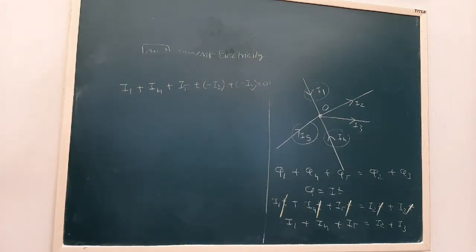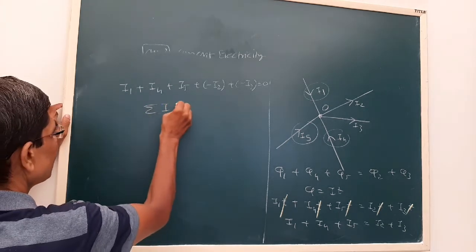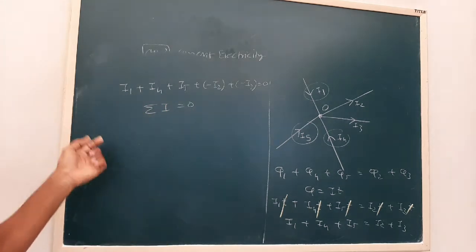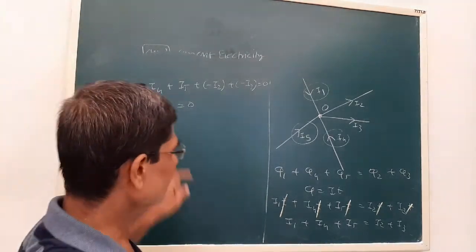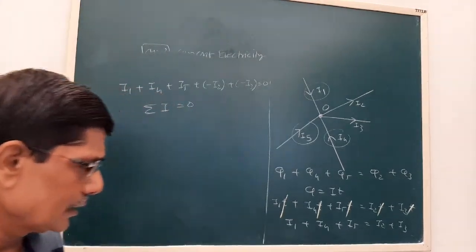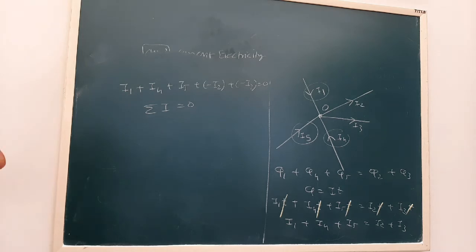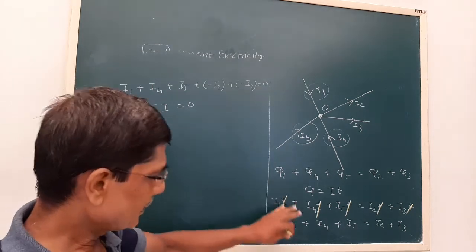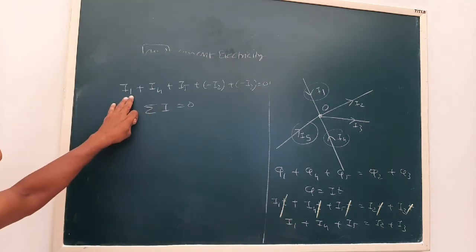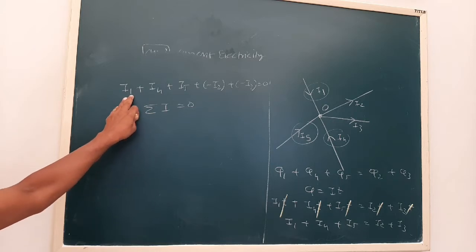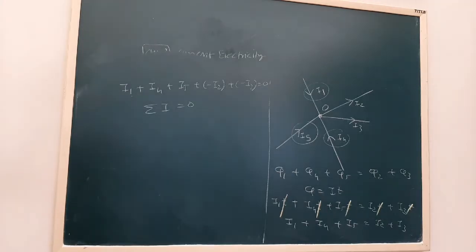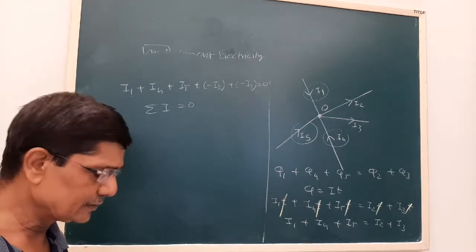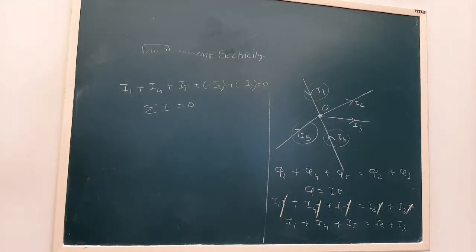In generalized form we can say sigma I is 0. This is the equation form of Kirchhoff's first law: the algebraic sum of the currents meeting at a junction is 0. As a convention, current coming toward the junction we take positive, and moving away from the junction negative. But if we take the opposite of this, we will also get the same result. That is Kirchhoff's first law.